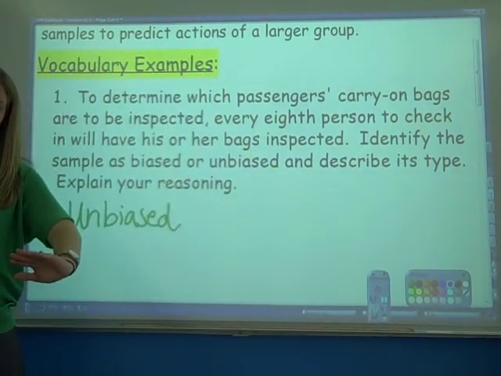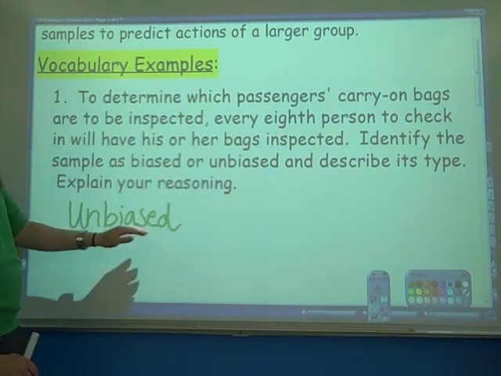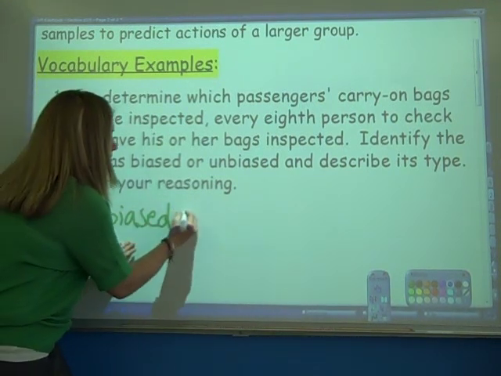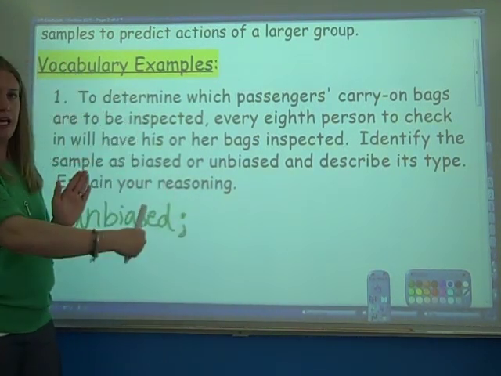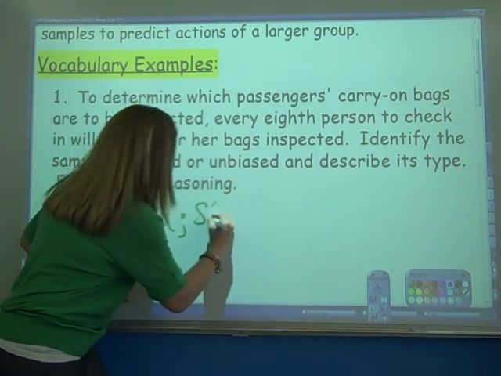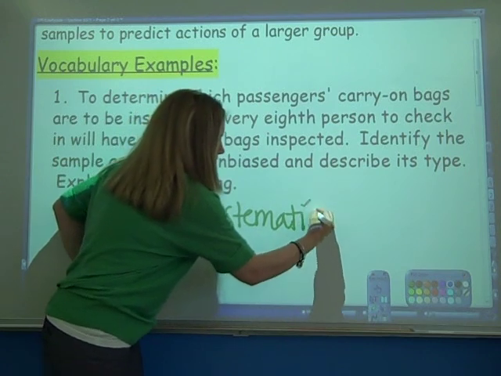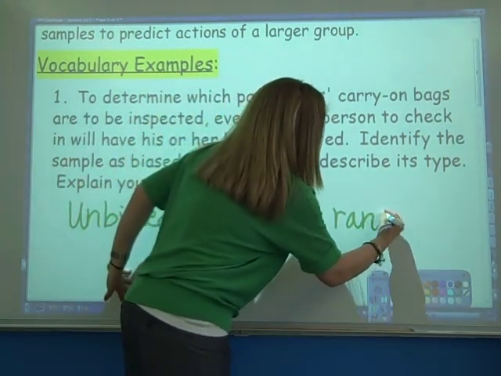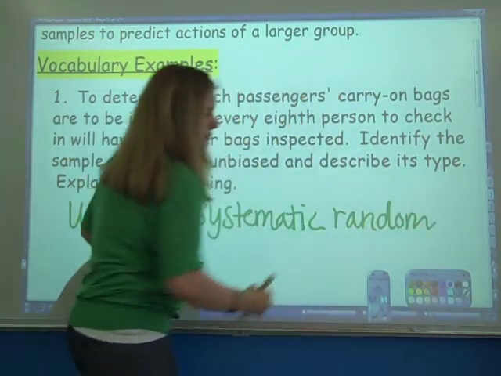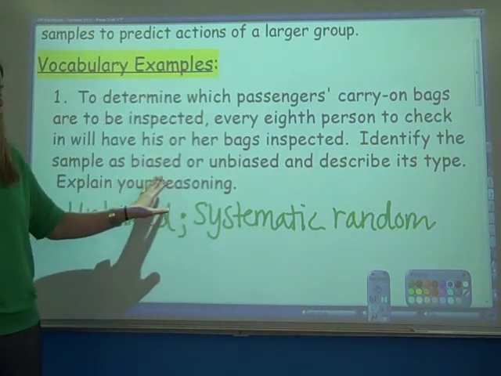Then it asks to describe its type. Out of the three that we just wrote down, this one would be called systematic random, because we're doing it every 8th person. That's systematic random. And then it says explain your reasoning.